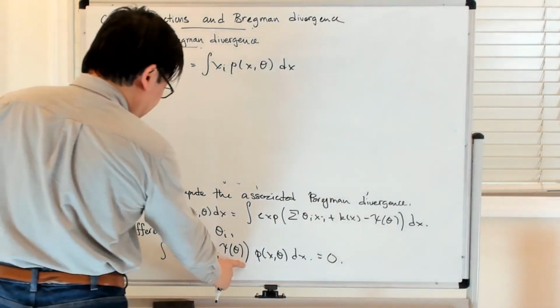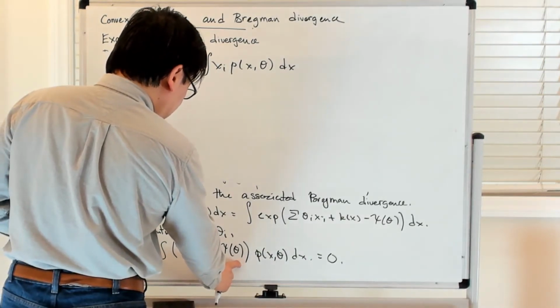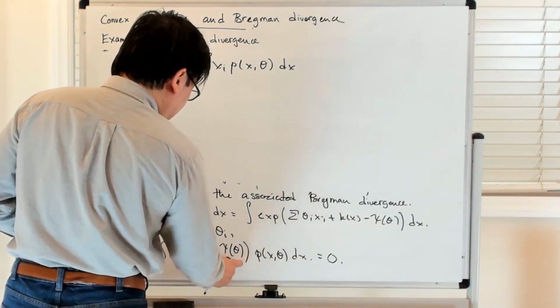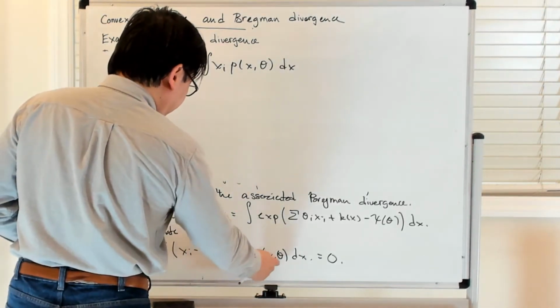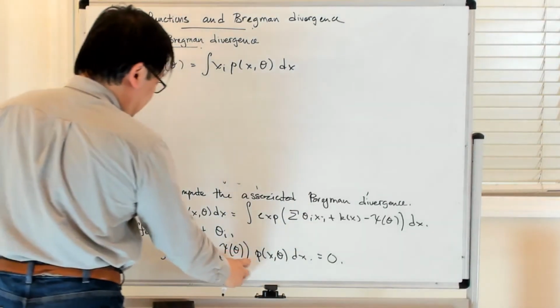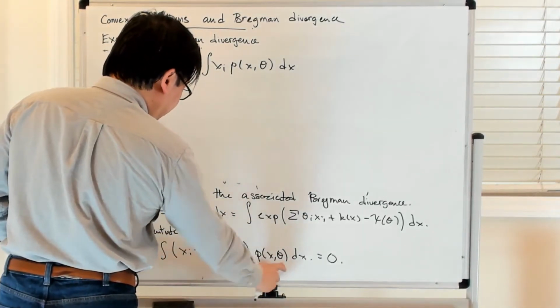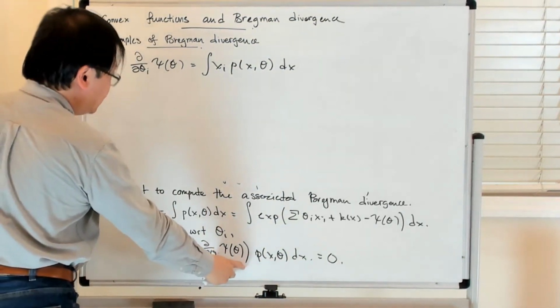This term depends only on theta, but I'm integrating with respect to x, so I can take that factor out. And then the integral of p of x, theta is 1, so this times this integrated is just the thing inside the parentheses.